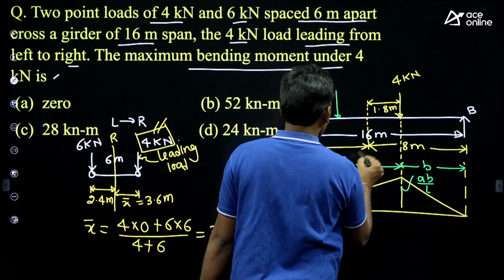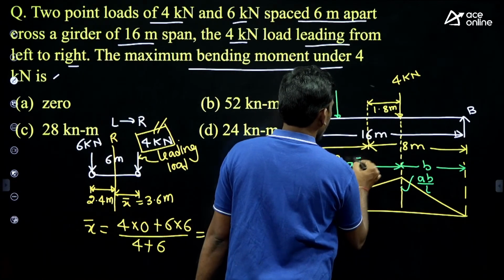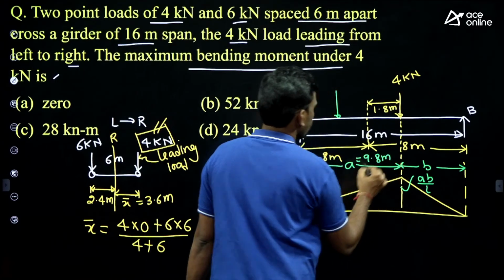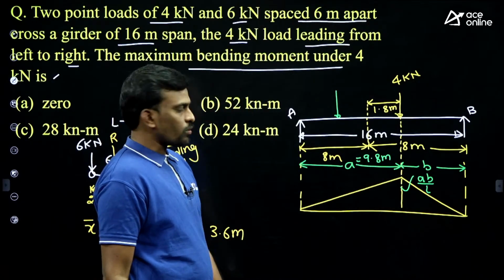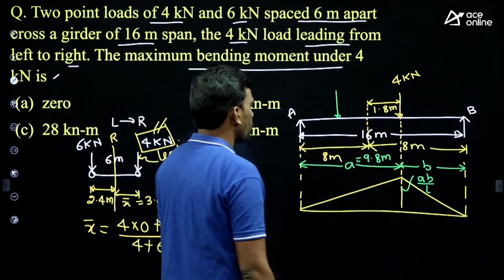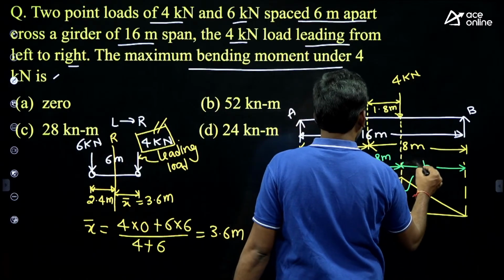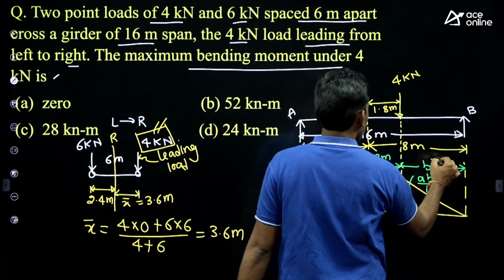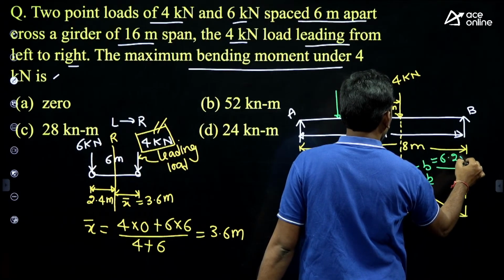A equals 9.8 meter, yes or no? And what is B here? 6.2 meter, right?